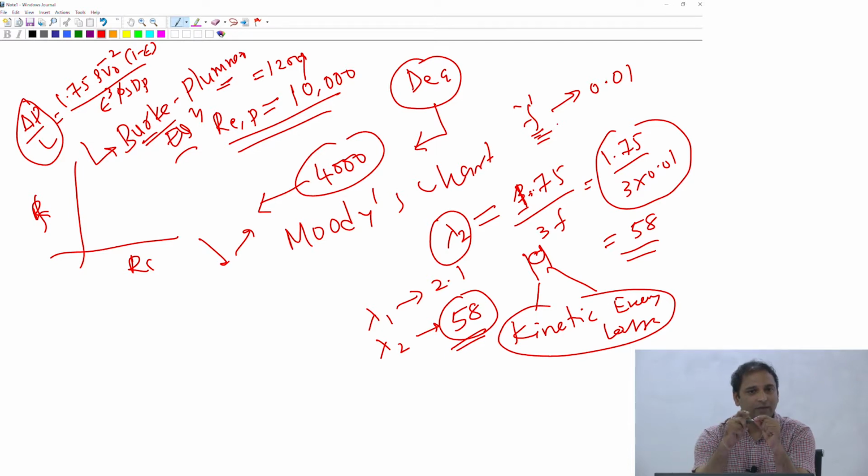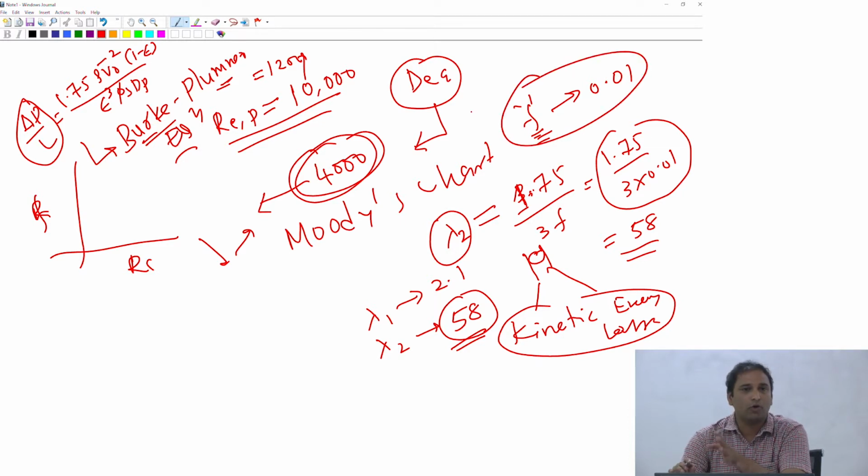From that, I go to the pipe concept and back calculate what the Reynolds number would be if the fluid at a similar Reynolds number were flowing through the pipe. That turns out to be, in this case, about 4000. I went to the Moody chart, and for that Reynolds number, depending on smoothness and so on, the typical value of f is about 0.01. That's how it was done.